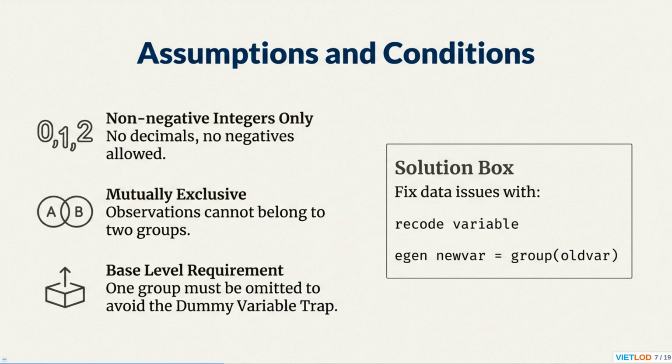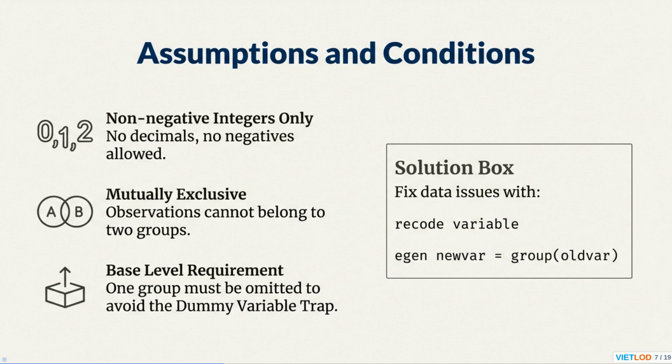To use factor variables effectively, your data must satisfy 3 fundamental conditions. First, categories must be coded as non-negative integers. Stata will not accept decimals or negative values for these indicators. Second, observations must be mutually exclusive, meaning each subject fits into exactly one group.